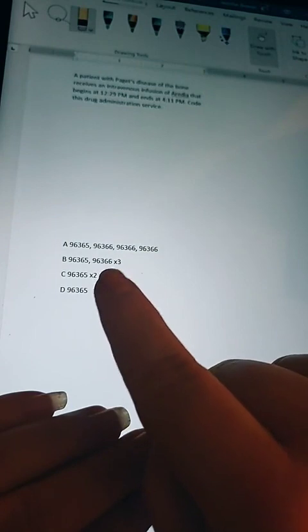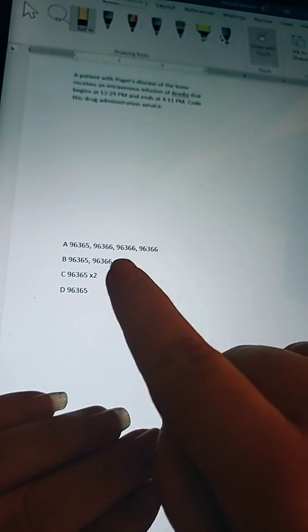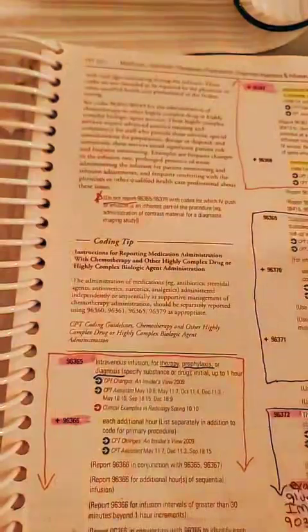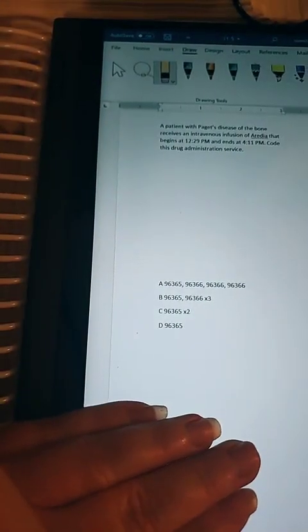And the one that we can only use the 65 and the 66. We know C is not going to be your correct answer. We know that is not going to be a correct answer. We know we're not going to code an additional code written out like that. We're going to do the ×2 because it is the add-on code. So just looking at the way they have these written out, there's no possible way.